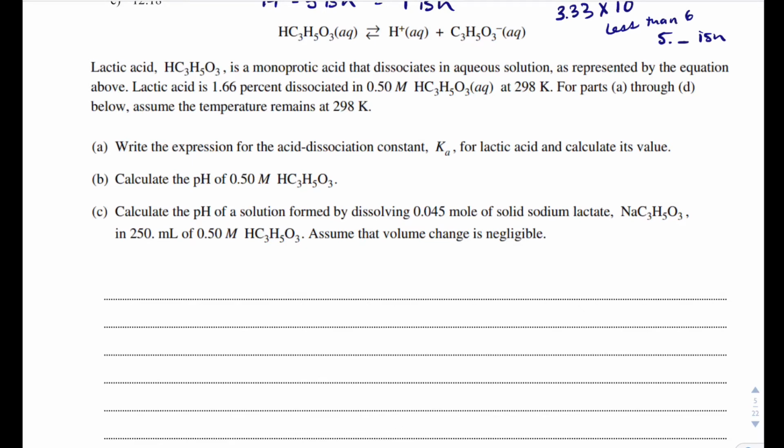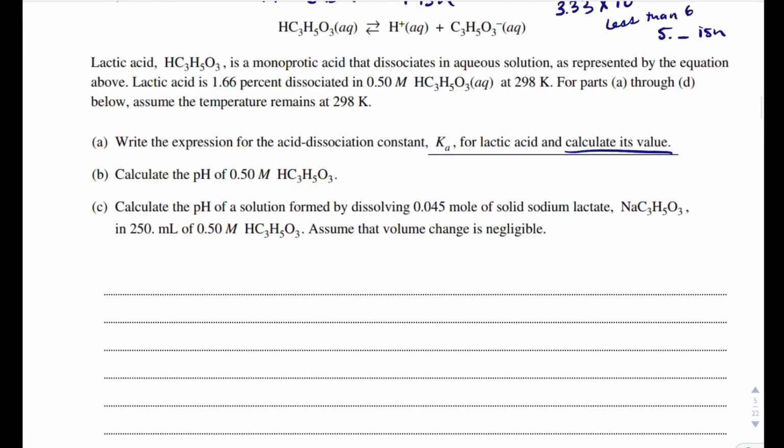So in A, they asked to write the Ka expression and to calculate its value. So Ka equals [H+][H3C5O3-] divided by [HC3H5O3].